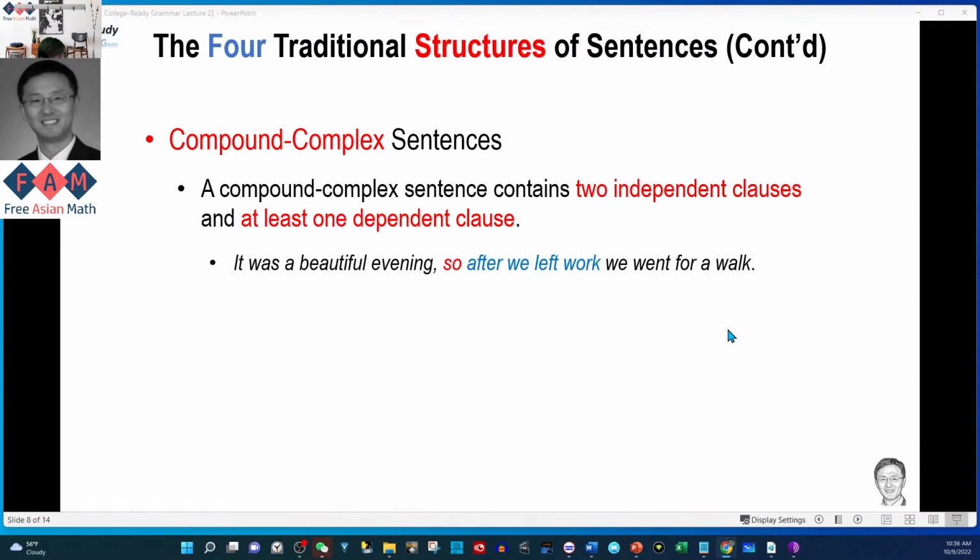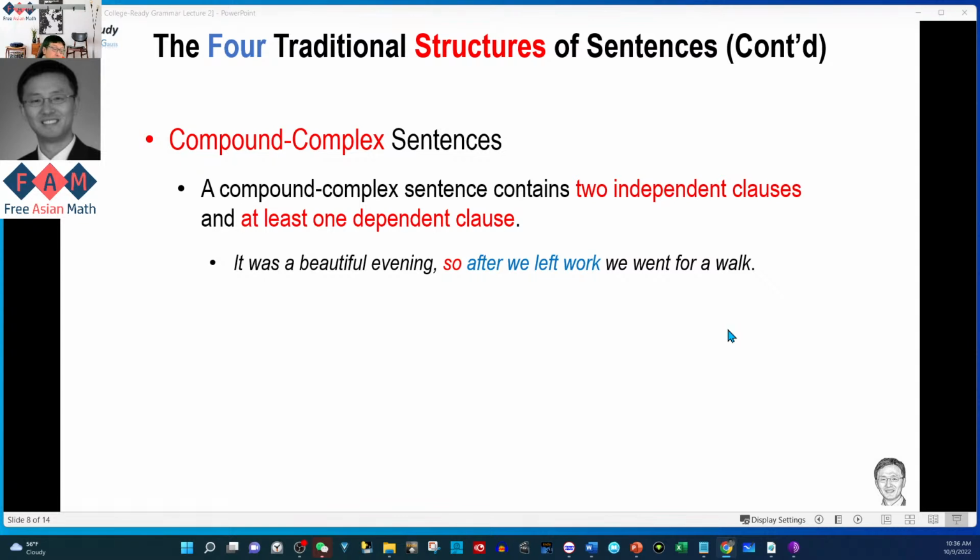It was a beautiful evening. That could be a complete sentence, right? It was a beautiful evening. So after we left work, we went for a walk. Okay. What is the main idea here?